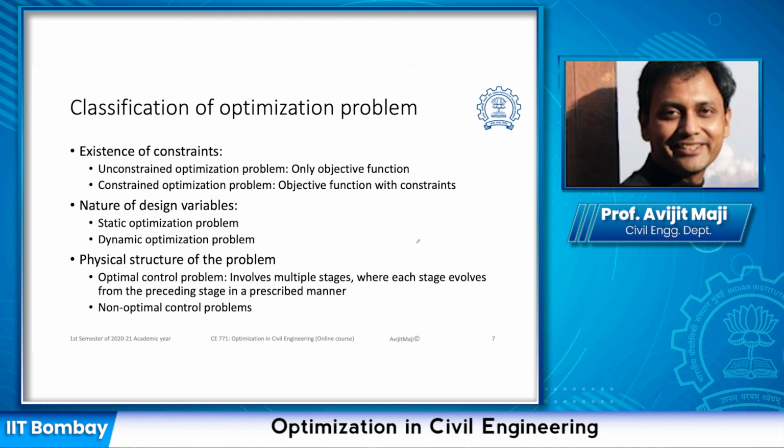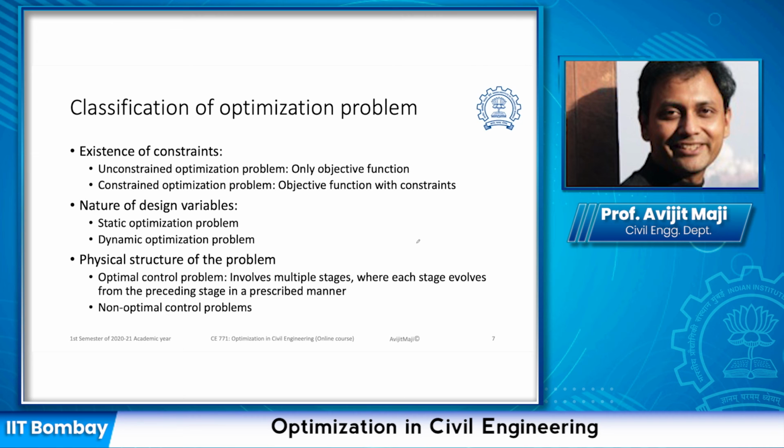We can have optimization problems where the design variables could be static or dynamic. If it is static, it means the design variable does not depend on any other value. In certain cases, the design variable may depend on another variable.